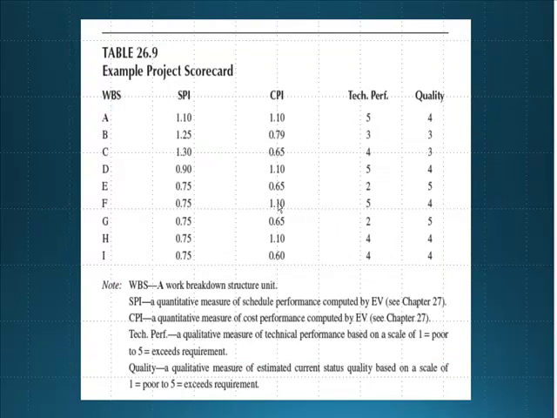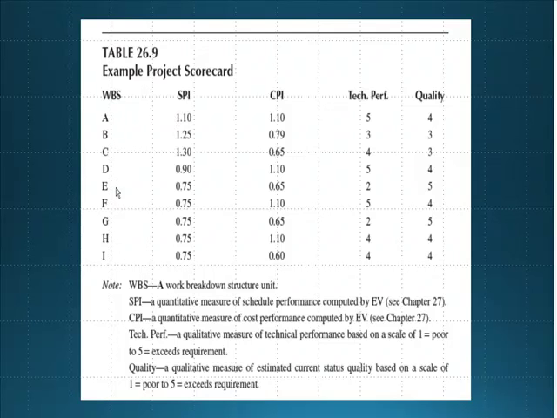This slide shows us an example project scorecard. When we are evaluating project performance, remember we talked about how we can end up with a number of different metrics, and how we use them and prioritize them is determined on a case-by-case basis. Look at this one.